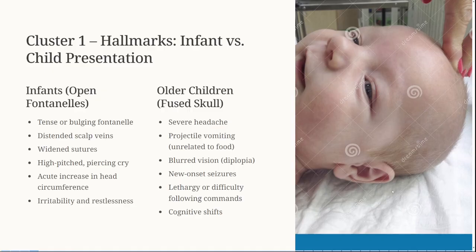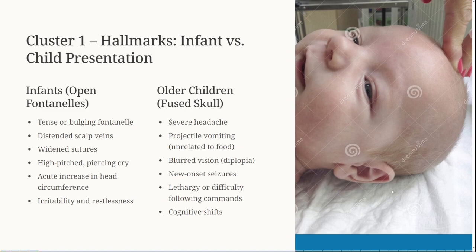You're looking for irritability and restlessness, a tense or even bulging fontanelle that you can see when the child is upright and quiet. You'll see distended scalp veins and sutures that might look wider than they should. And head circumference, I assume. Meticulously. We track head circumference meticulously. An acute increase is a massive red flag. And then there's that unmistakable sign, the classic high-pitched, often piercing cry. Some people describe it as sounding like they got stepped on.